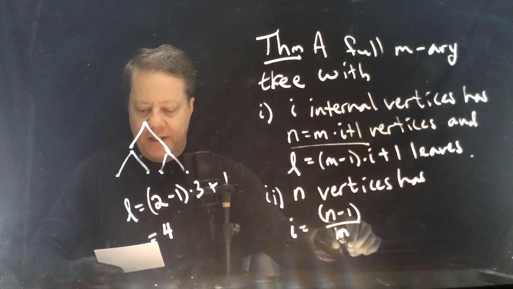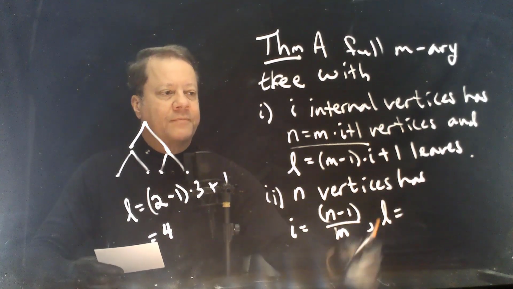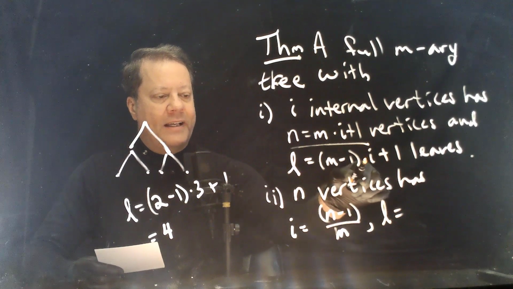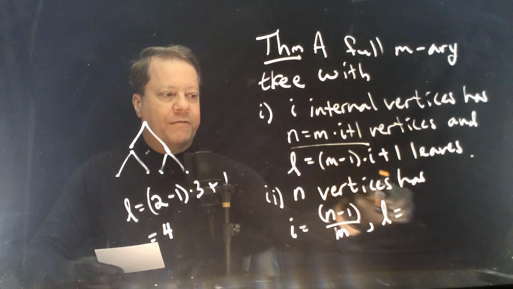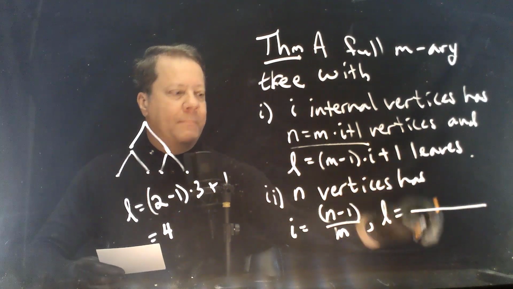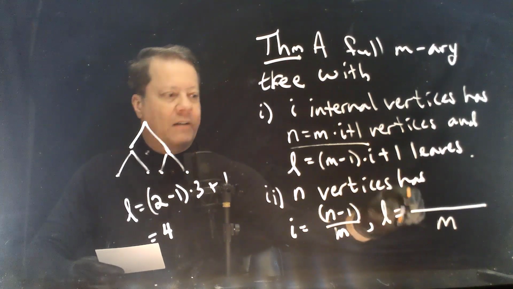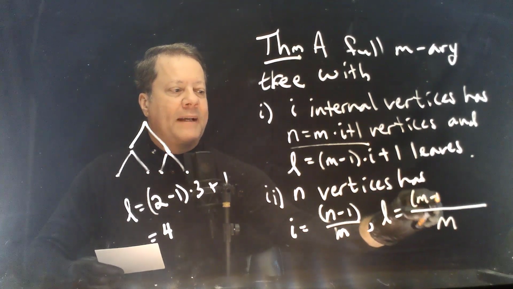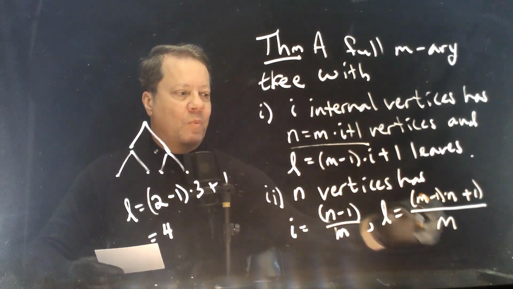How many leaves do you have? Well, I is going to be replaced by n minus 1 divided by m. So you're going to have a fraction. You'll convert this to m over m. And then when you FOIL that out, you're going to get m minus 1 times n plus that extra 1 there.